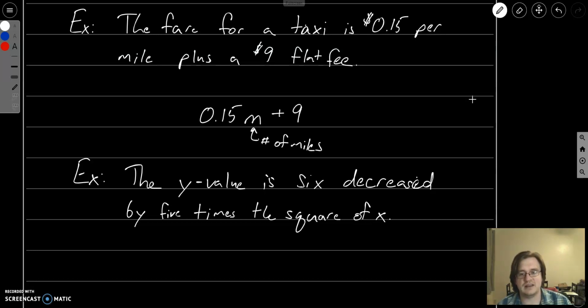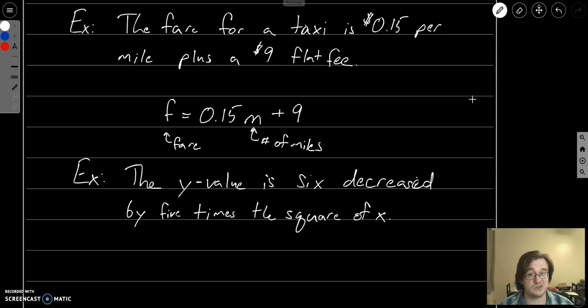So at the end of the day, we'll also have to pay another $9 on top of the mileage, and this is going to be the fare for the taxi. So maybe we can call the fare for the taxi F. And this is basically just coming up with an equation to give us some more information.